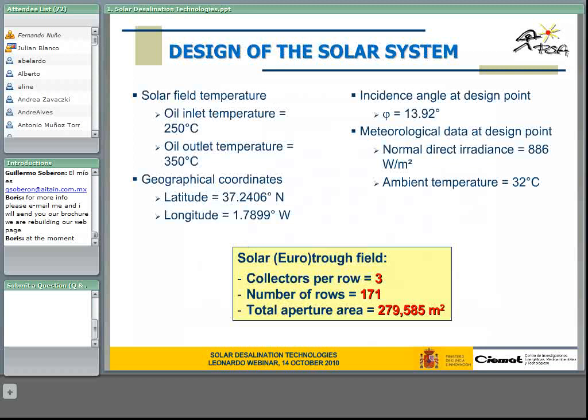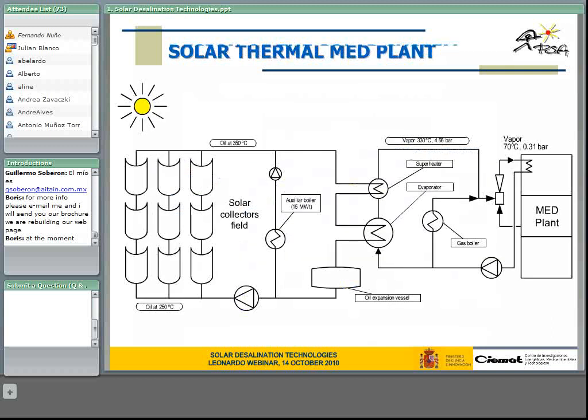So that means that we will need a total aperture of about 280,000 square meters of solar collector. This will be the configuration. We will have solar collectors of about 280,000 square meters. This heats oil to about 350.